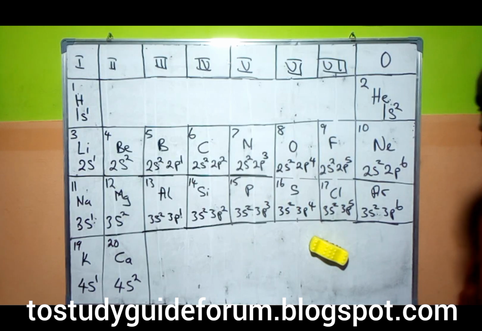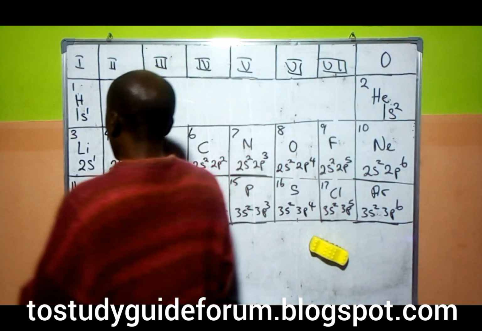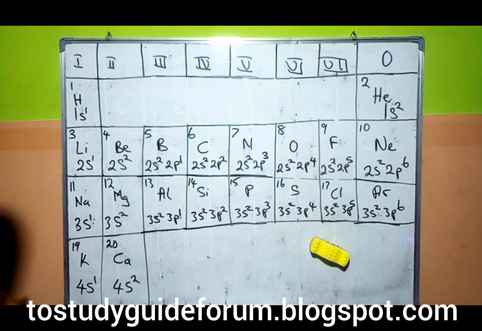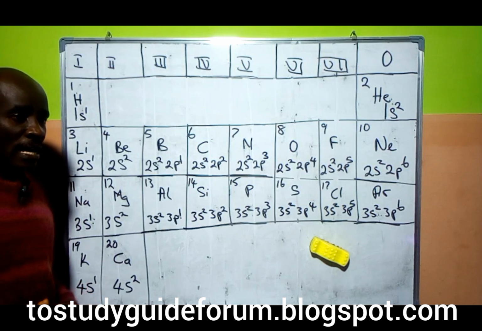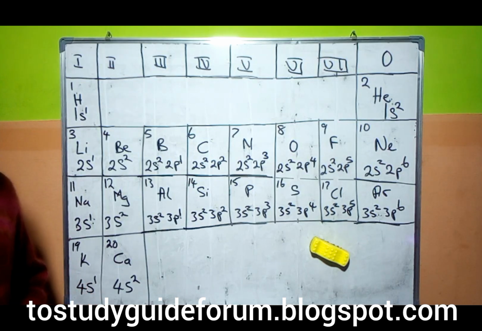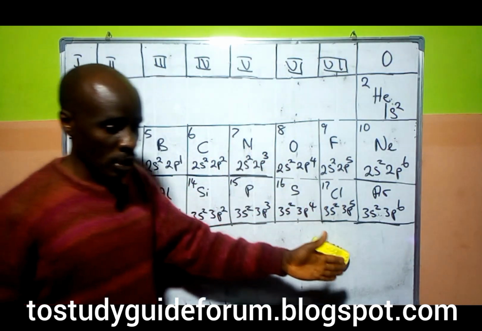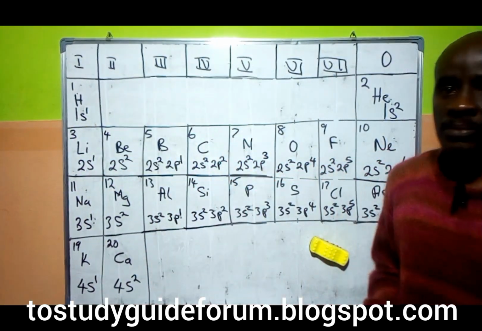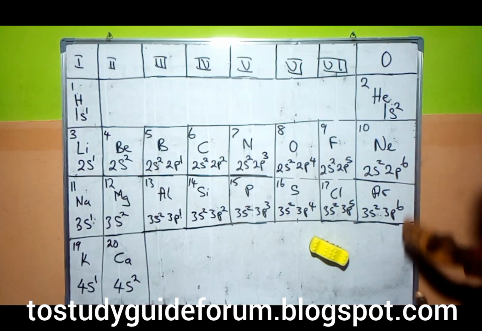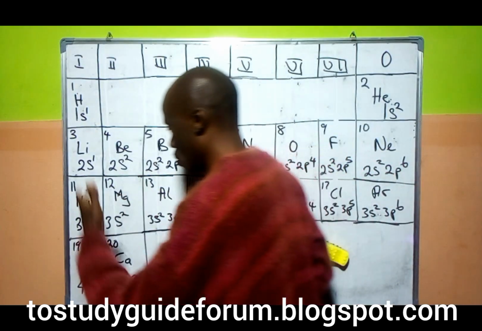Each of these groups shows a high level of similarity in their variation. This variation in each group is what we call the group trend. The group trend is very obvious.